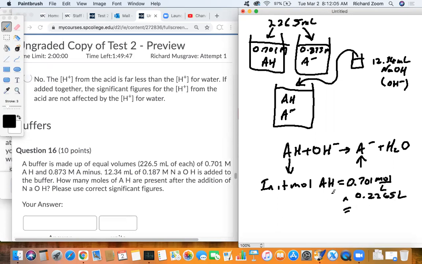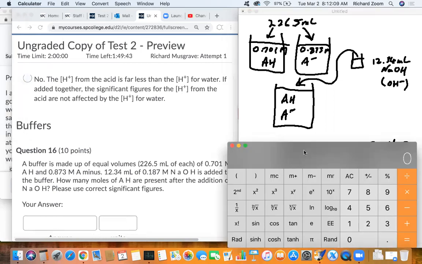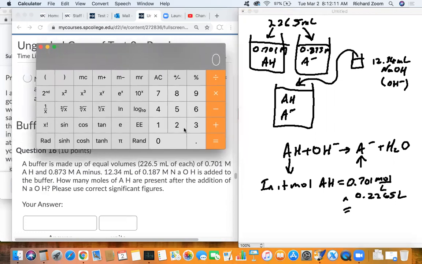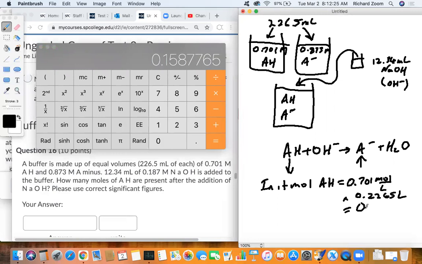And if, let's open up the calculator here, we get 0.159 moles.